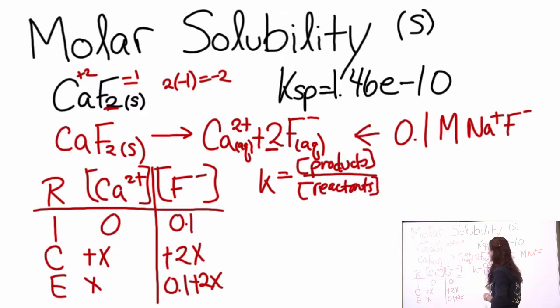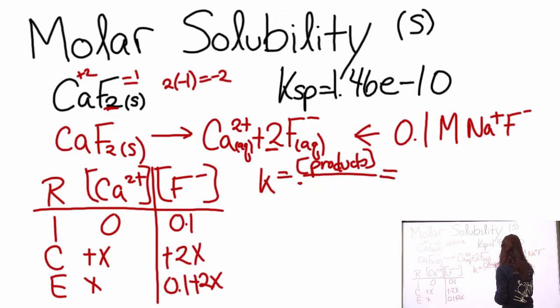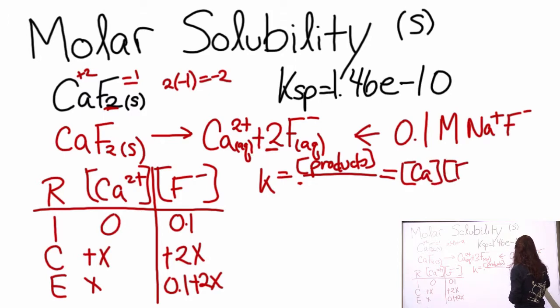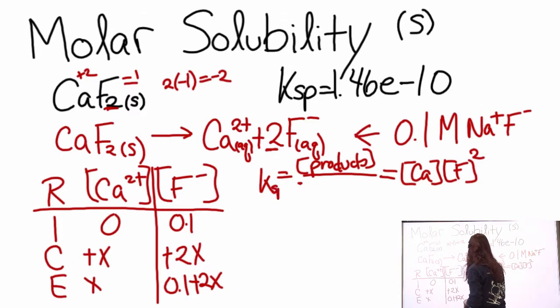But because our reactant is in a solid state, its concentration is just fundamentally 1. So we can go ahead and ignore our reactant concentration and just write KSP is equal to calcium times fluoride. And because of this coefficient here, we have to square the concentration of our fluoride. So this should be KSP.